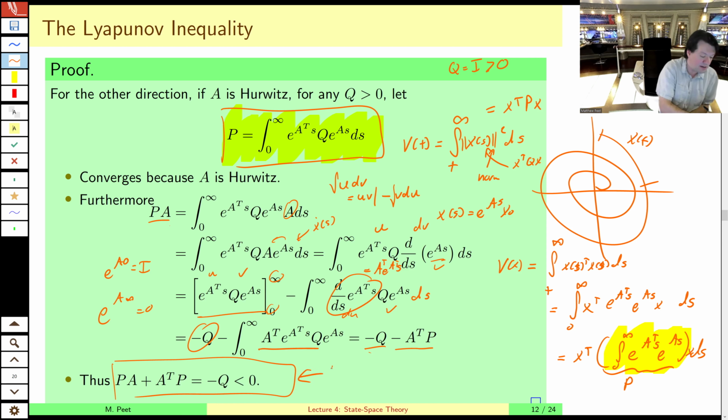And so we obtain LMI 2. So this is more of an algebraic proof. This is the conceptual proof.